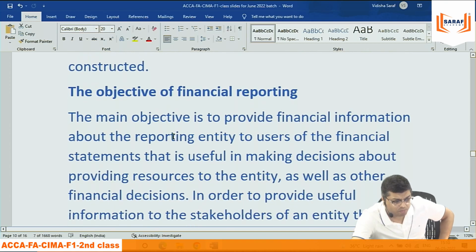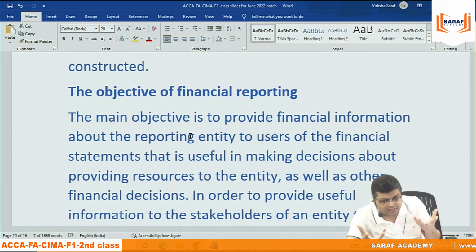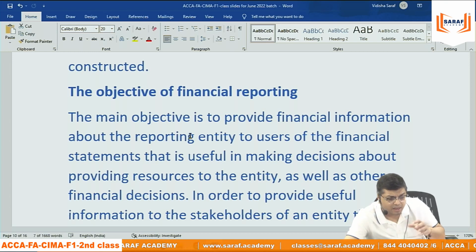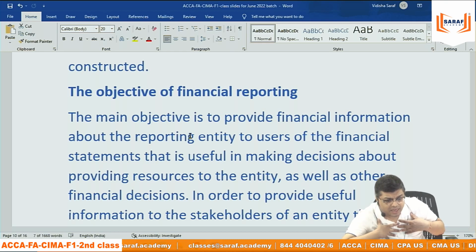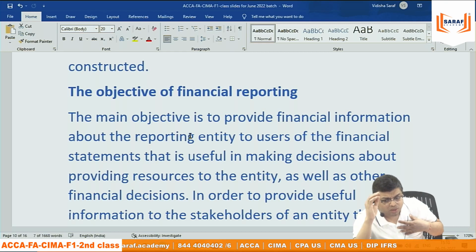So first of all, the objective. As I am saying since the beginning of this class, what is the purpose of financial statements? What is the objective? If I am a customer, a shareholder, a financer, a supplier, or general public, by looking at the financials of the company, I will be able to take informed decisions. If I am a shareholder, whether I should invest or not.